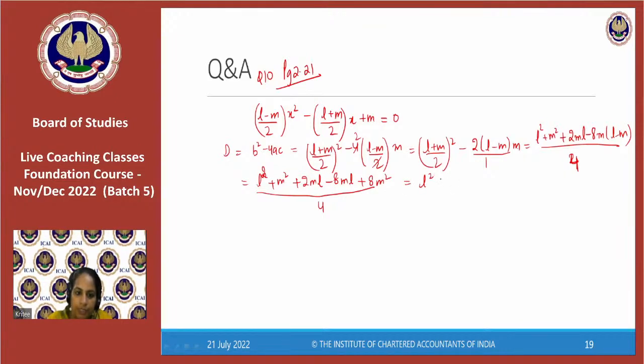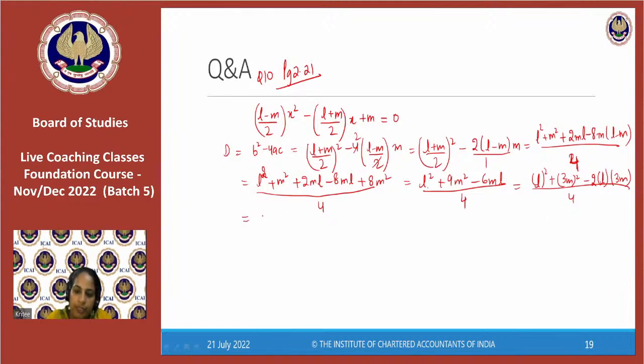This becomes (L square plus 9M square minus 6ML) by 4. And if you know algebra formulas correctly, this is nothing but L square plus (3M) whole square minus 6ML. What I mean to say is a square plus b square minus 2ab gives you this answer upon 4.